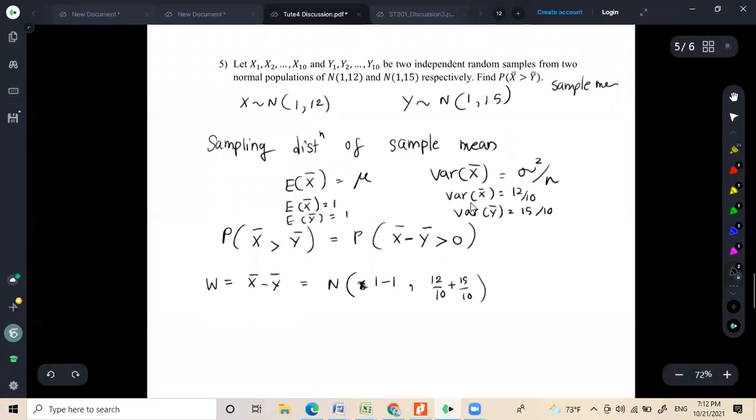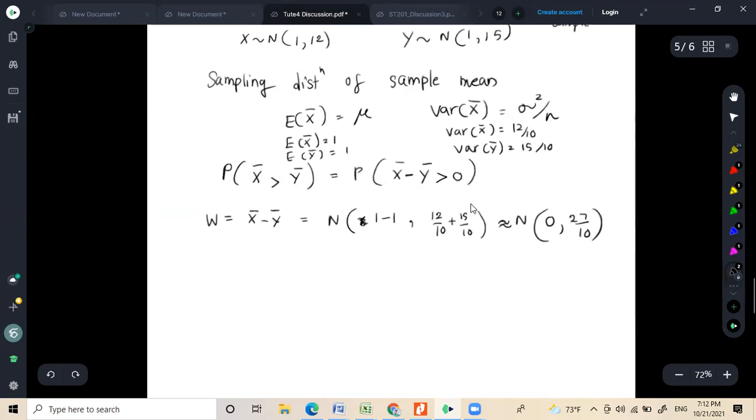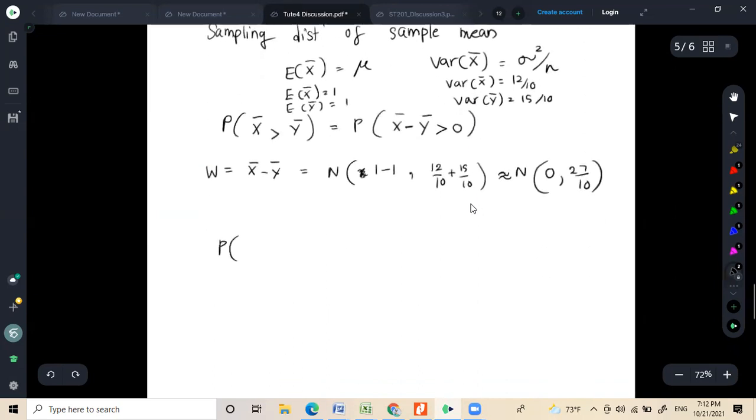So what is the density of W, x bar minus y bar? This will be approximately normal, with mean 0. And what is the variance? 27 over 10, right? So the probability W greater than 0, right? Let's standardize.